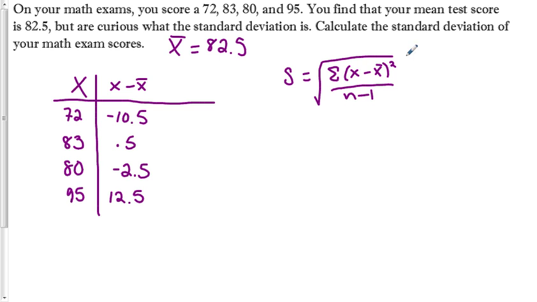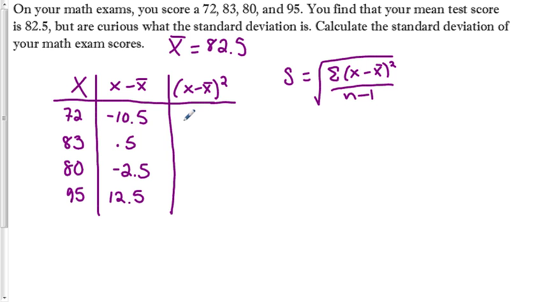Now that we've completed what's inside the parentheses, we move on to our exponents. That means I have to create one more column for dealing with this exponent. So that will be x minus x bar all squared. Now remember, we just calculated each x minus x bar. So to square these, you're going to take each of these respective numbers and multiply them by themselves.